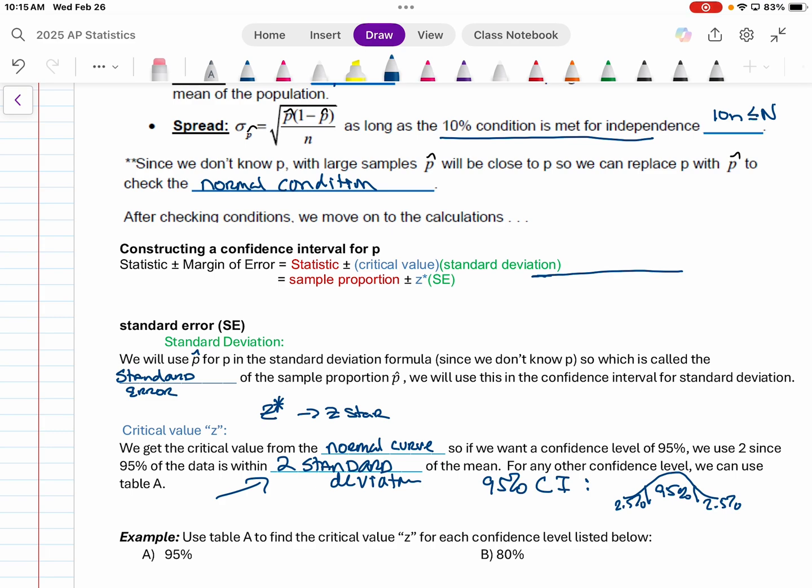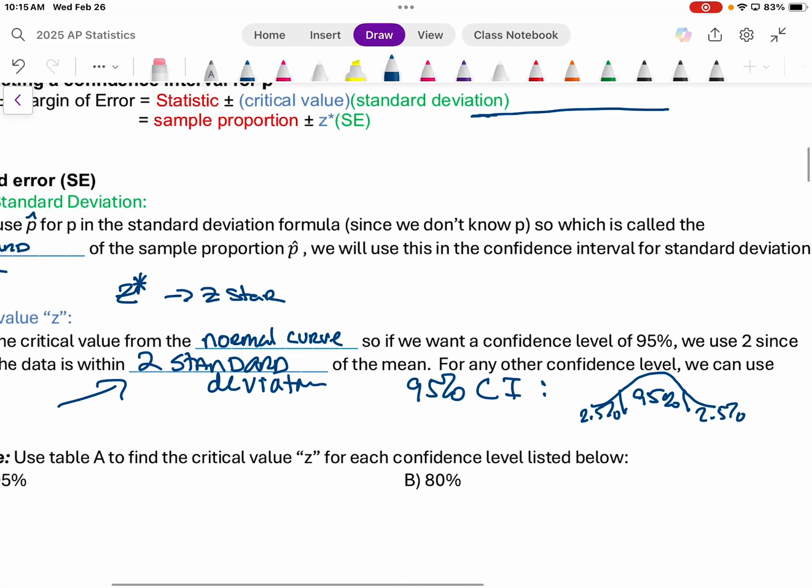And if we think back to when we did the normal distribution with the empirical rule, that was the cutoff for -2 deviations and +2 deviations, which is what 95% was between. So this little saying, just 2, is basically using the empirical rule.